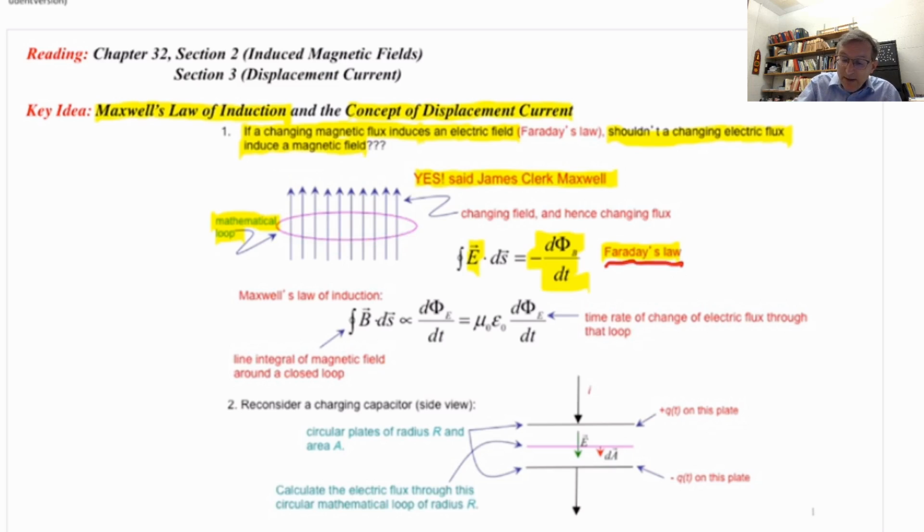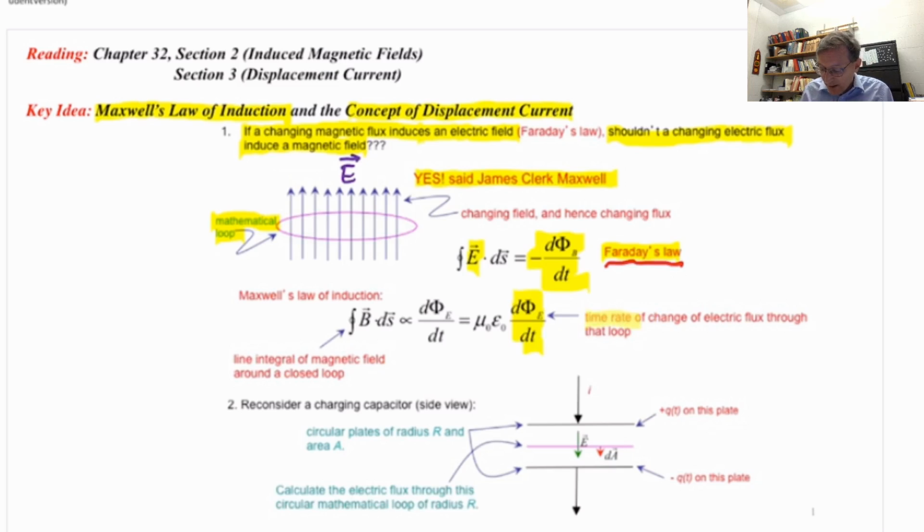Now Maxwell said, just turn everything around. Now you still have that mathematical loop. Think of it as a circular loop. Now the field that's piercing the interior of the loop is an electric field, so that we're talking about electric flux through the loop. And what if that electric flux is changing with time at a rate d phi E dt, right?